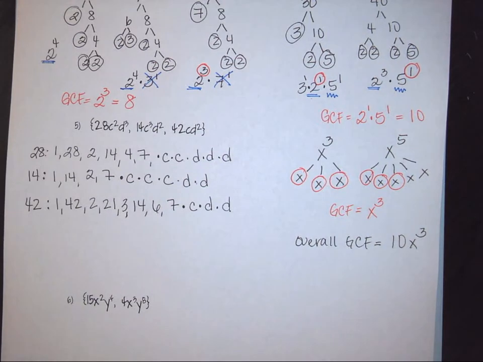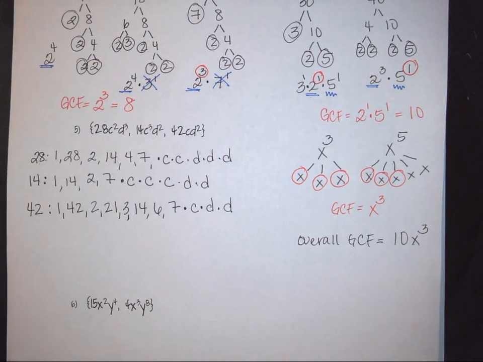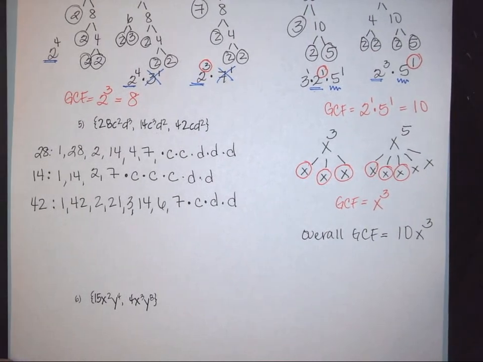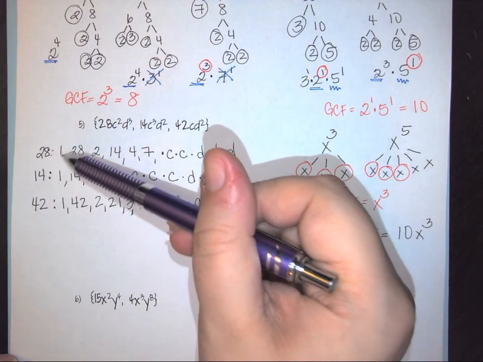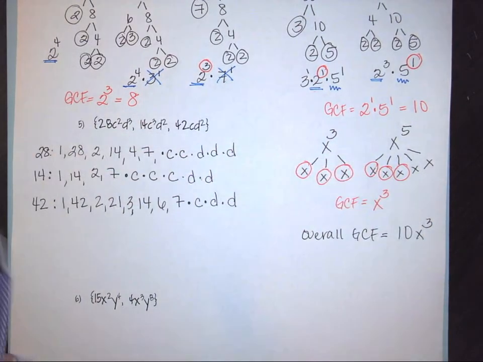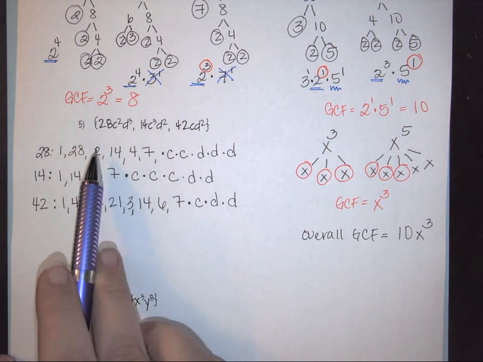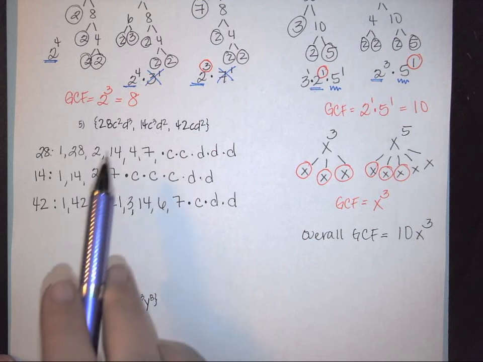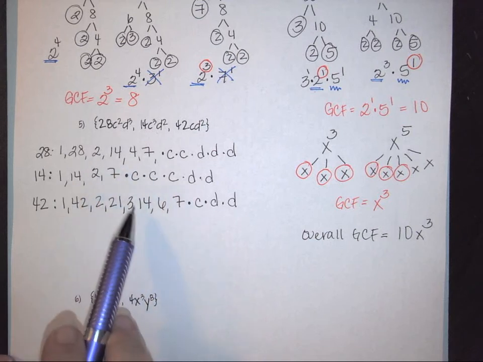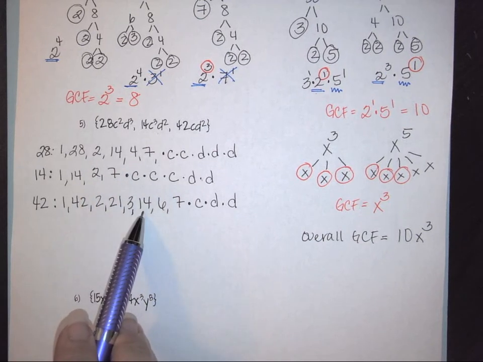Okay, so I've listed all my factors out. So here what we would then do is go through and look at what we have. So here I've got 1's in common. I have a 28 in my first, but it does not show up in the others. I've got 2's in common. I have a 14 that shows up in all 3 of them.